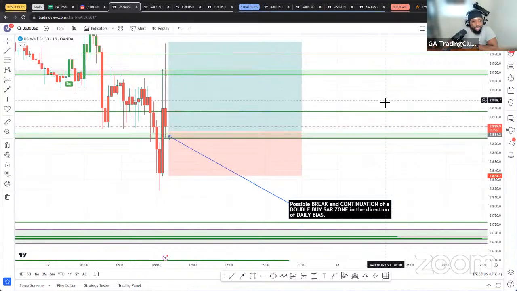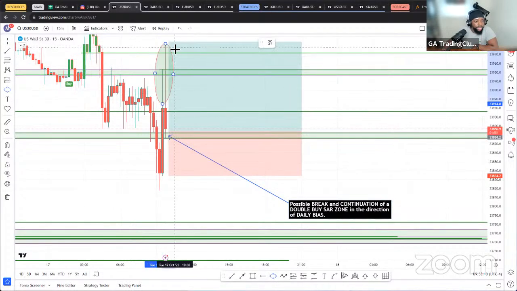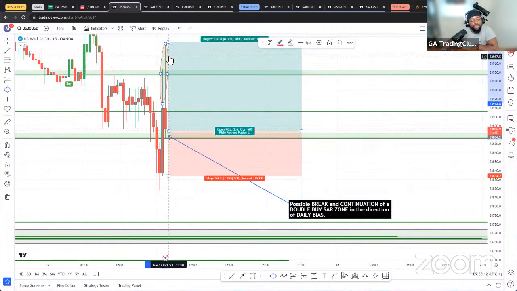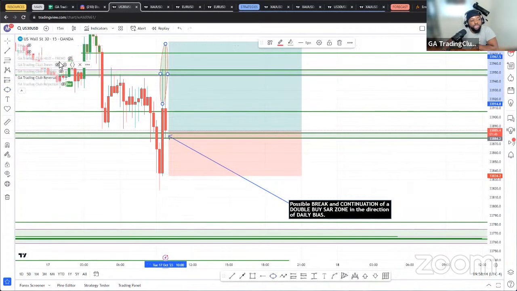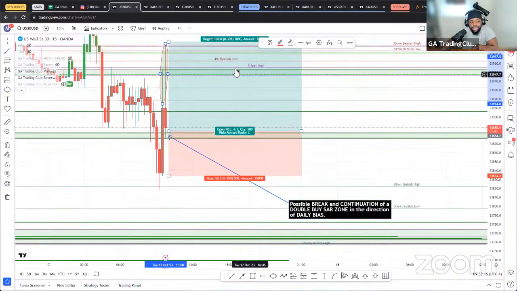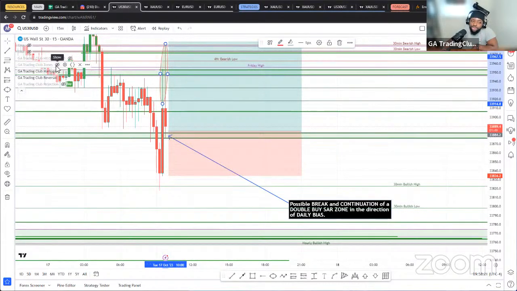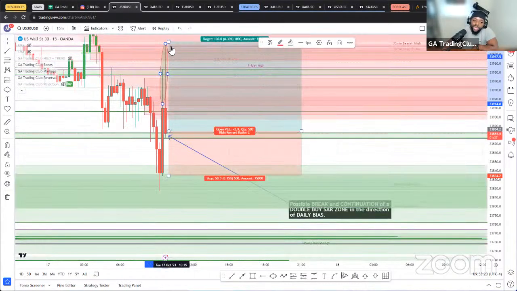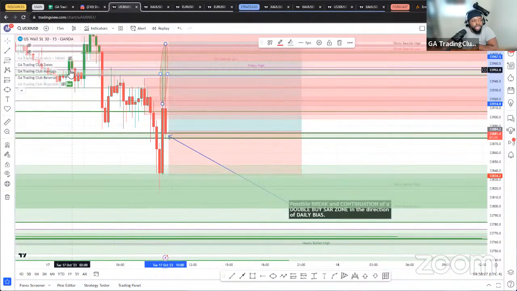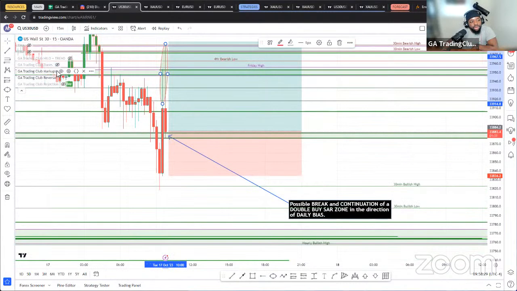But when I look at this wick right here, it tells us that there are sellers there, heavy sellers. Once we turn on the order blocks indicators, we see a 4-hour bearish order block and a 30-minute bearish order block. If we turn on the zones indicator, we have sellers sitting there. So there's not really a lot that buyers can do here.